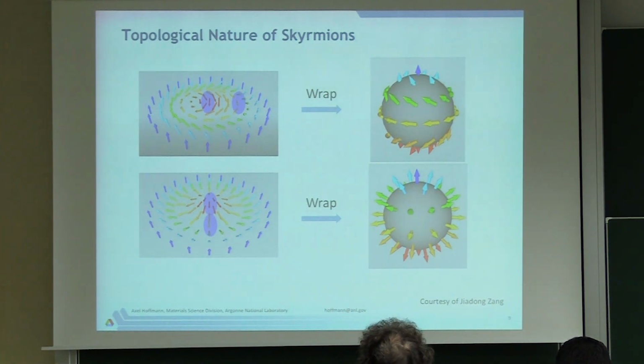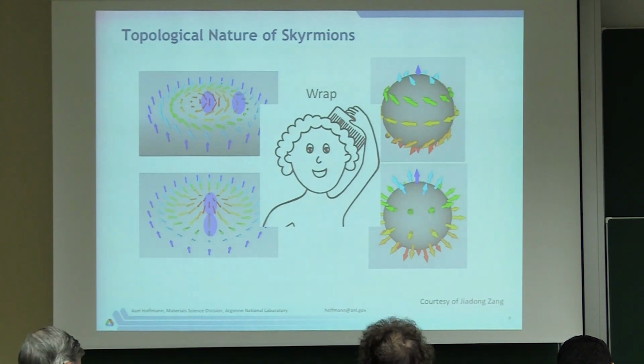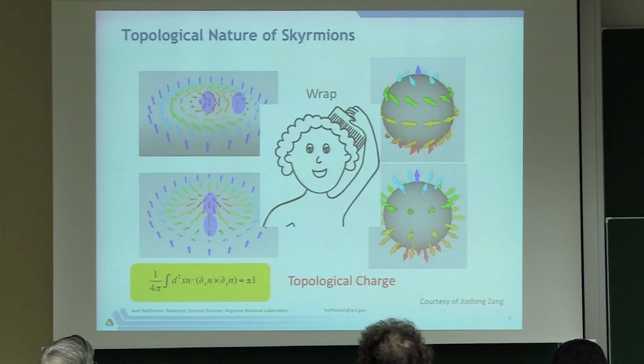And you can easily transform one into the other, by using a comb and straightening them out or something. So since you can transform one into the other, they're topologically equivalent, and in that sense, it really makes no distinction. So the topological charge for these two is the same. Also, note the topological charge is independent of the sense of rotation of the spins here, which is some confusion that some people have.